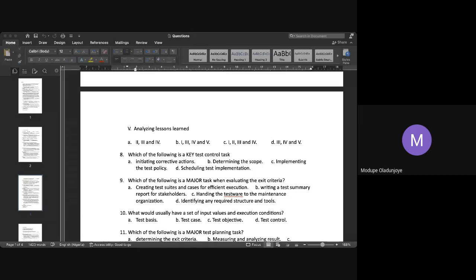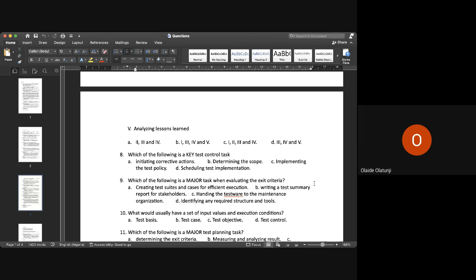If test monitoring identifies issues and rectifies them, then test control will be the part where you act.